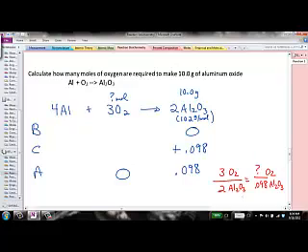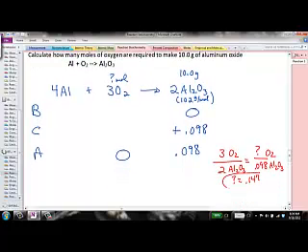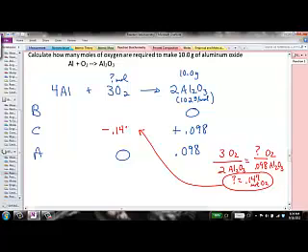So 0.147, so I'm going to put that down there, 0.147, and again, just as a reminder, what we get out of that ratio is moles of oxygen, that's the change. So it's going to be minus because oxygen's a reactant, 0.147, which means I would have started with 0.147 moles, and that is the answer to the question.